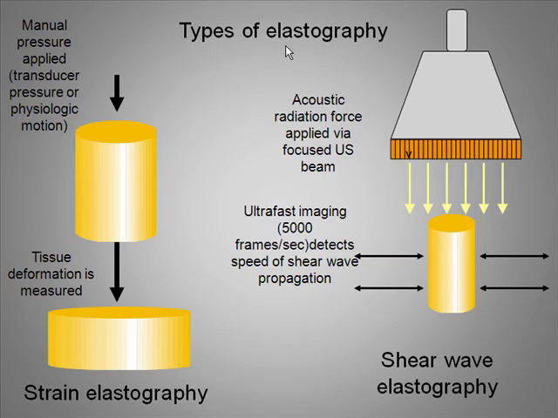That beam will exert pressure on the mass and cause mechanical vibrations that will then propagate shear waves. Those shear waves can be detected by ultra-fast ultrasound imaging, and the speed of propagation of those shear waves is related to tissue stiffness, and a resulting map of stiffness can be displayed.